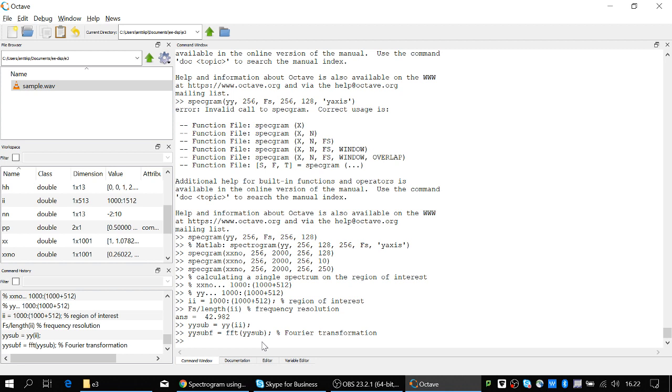The power spectrum of YY sub equals YY sub F dot times complex conjugate of YY sub F. So this is the power spectrum.